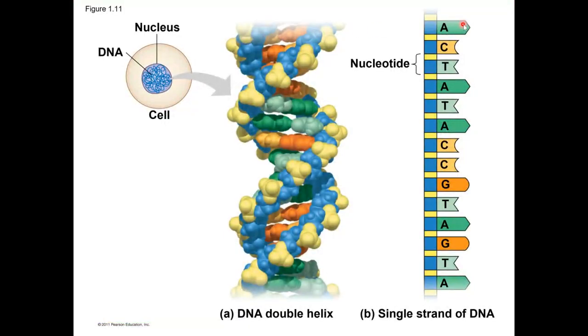So here would be half of the ladder. Here's one of the rungs, and here are the nitrogenous bases, these are called. The rungs are composed of a 5-carbon sugar and a phosphate. The 5-carbon sugar is represented by blue, the phosphate by yellow, and these would be the nitrogen bases abbreviated.